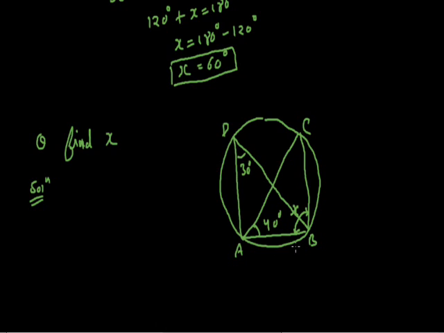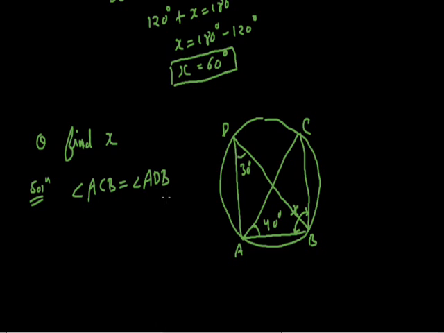With this arc AB there is also another angle forming, that is angle D. So angle C and angle D both are formed by the same arc AB. So we can say that angle ACB is equal to angle ADB.